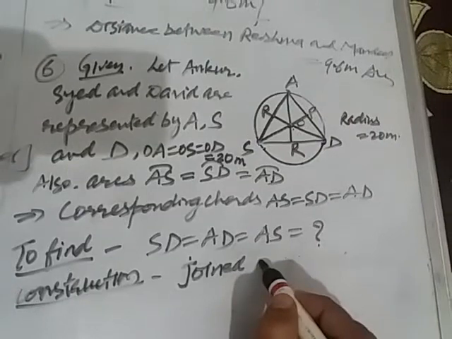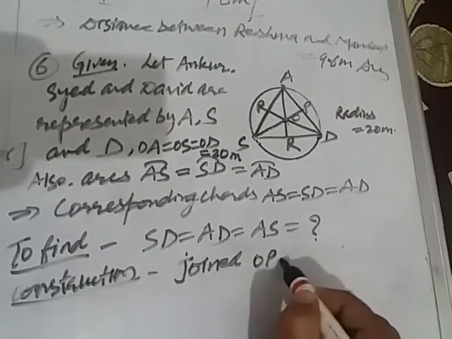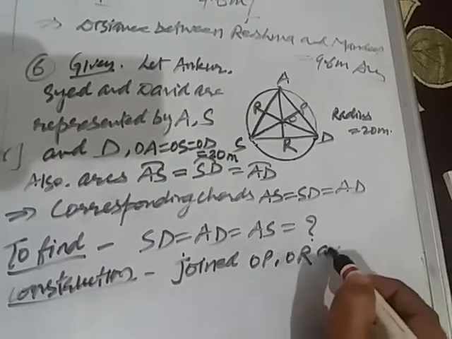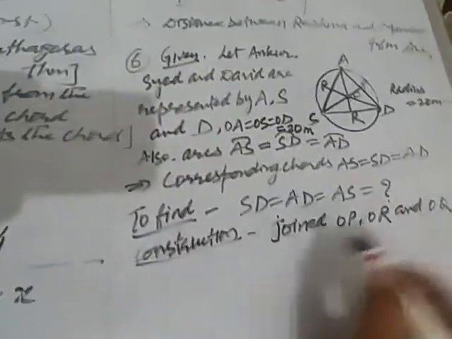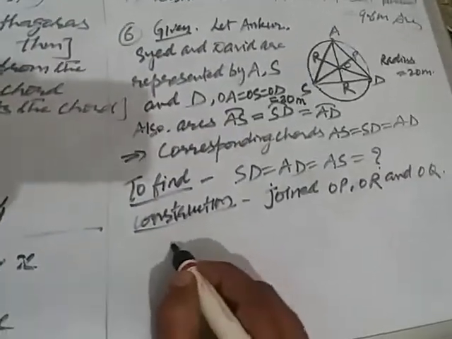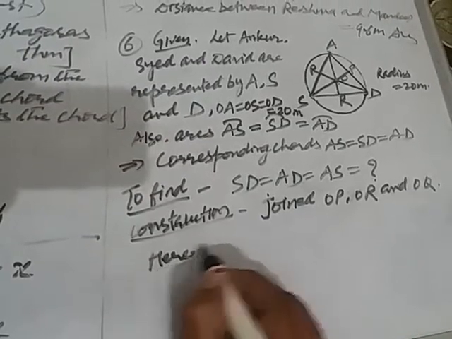Clear children? Joined OP, OR and OQ, right?